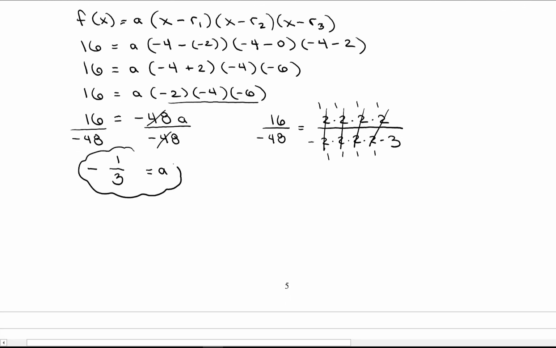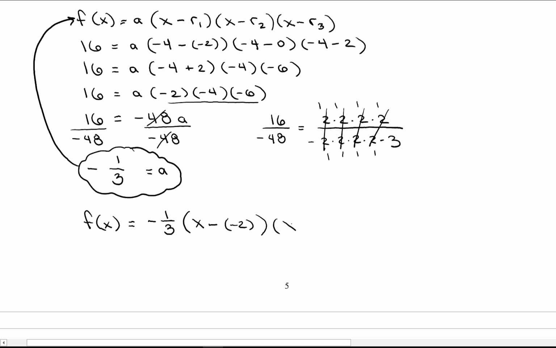We can actually write out our polynomial function, right? So let's go back to our polynomial function. f of x is going to be equal to -1/3 times (x minus that -2) times (x minus 0) times (x minus 2). And let's just simplify it a little bit more. f of x is equal to negative 1/3 times (x plus 2).